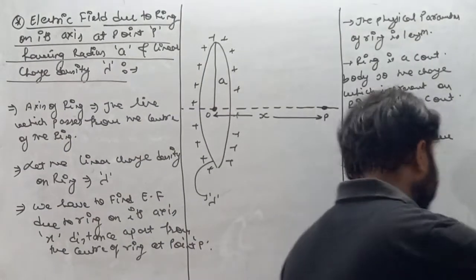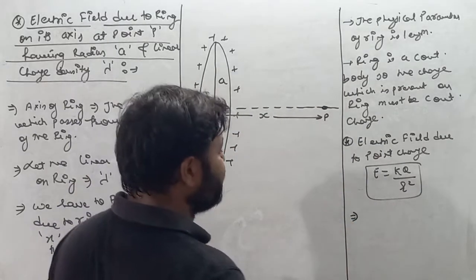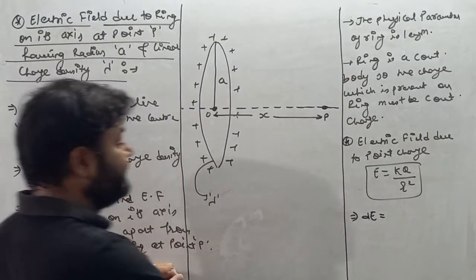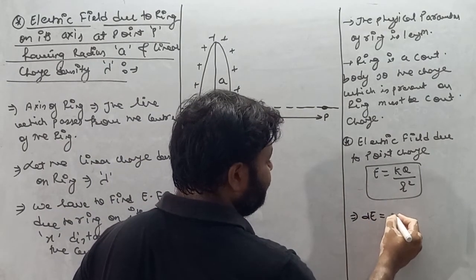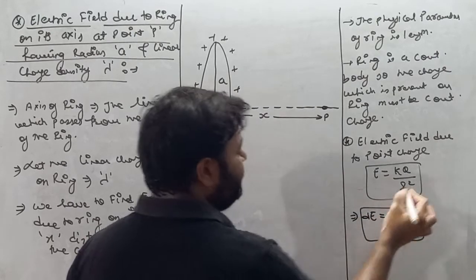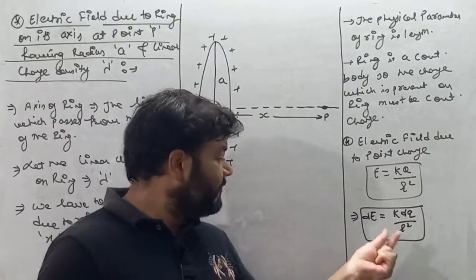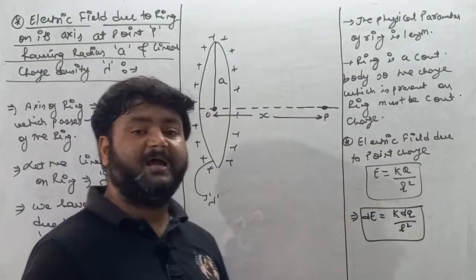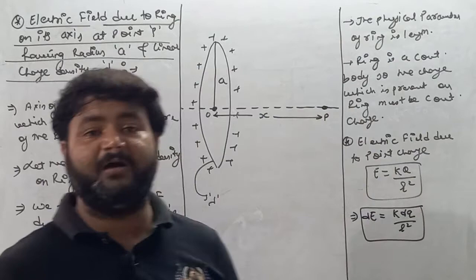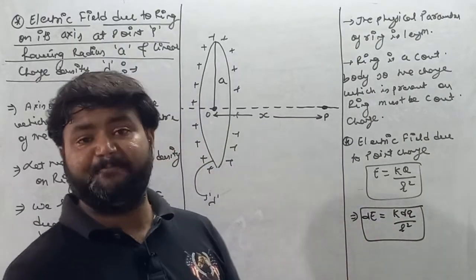So we know that we have to consider a small length for small charge, because the formula for finding electric field due to continuous body is dE is equals to k dq by r square. This is the formula. After finding the value of dq, we'll put the value of dq in this formula and integrate it, so that we'll get the total electric field due to ring at any point P.